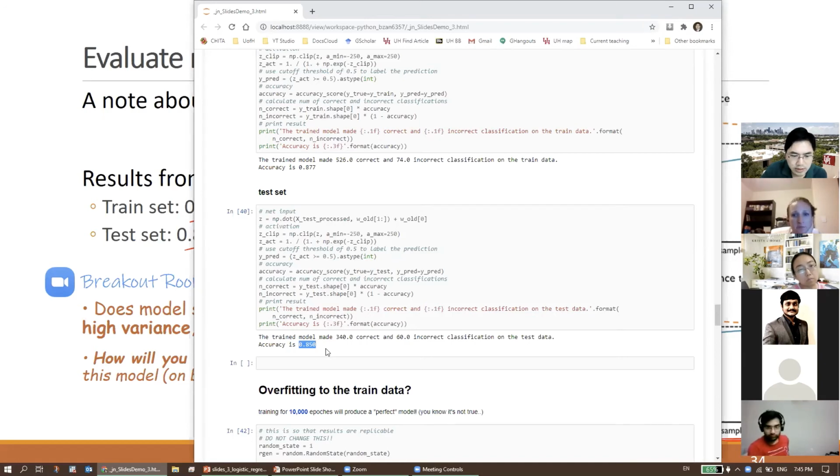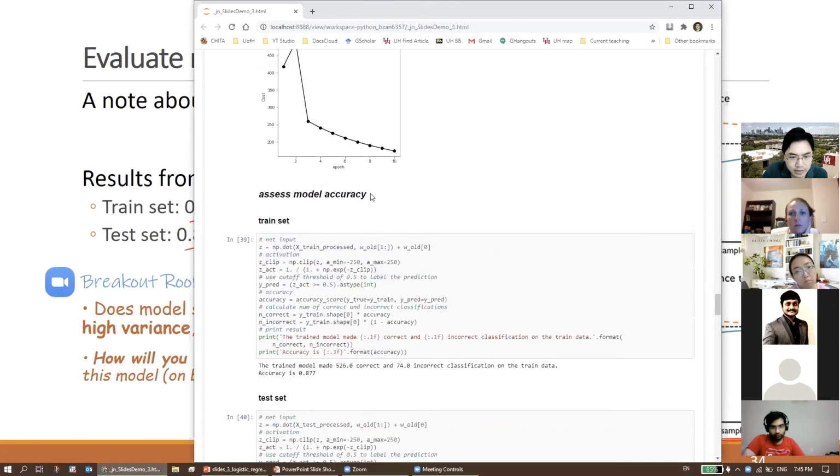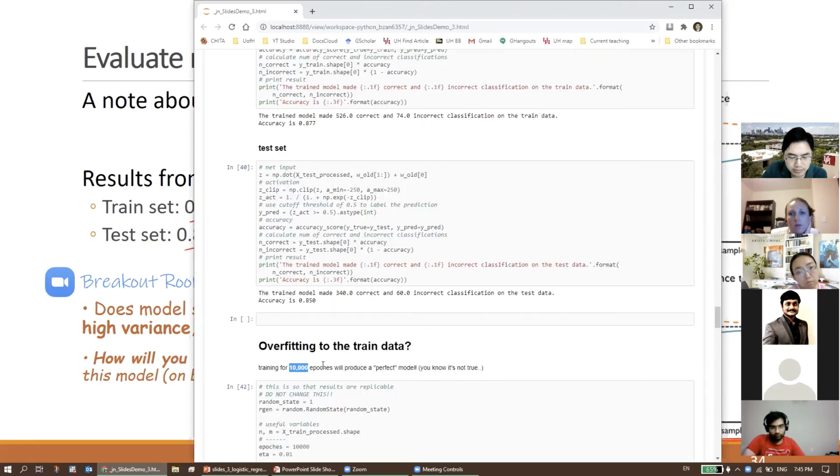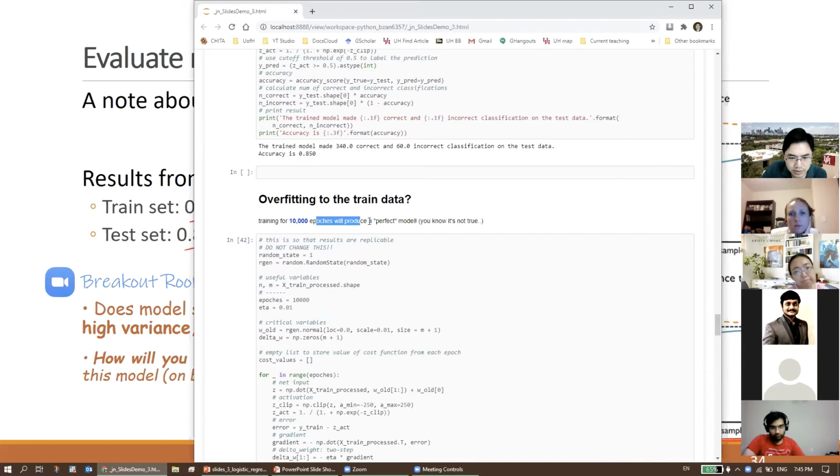So that's what we're going to do. We're going to train for 10,000 epochs. That's a long time. That's a large number. We only trained 10, but now we're going to train 10,000. Let's see what happens. And to do that, we will need to reinitialize the initial values.